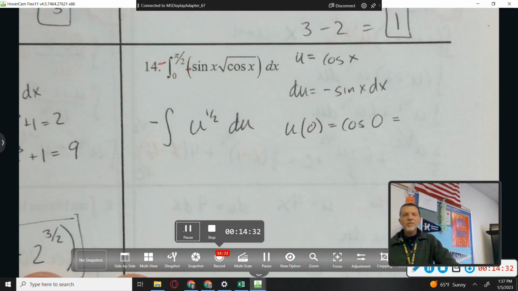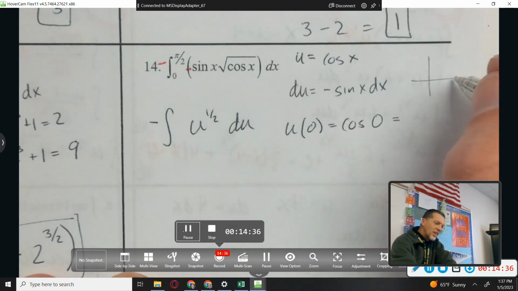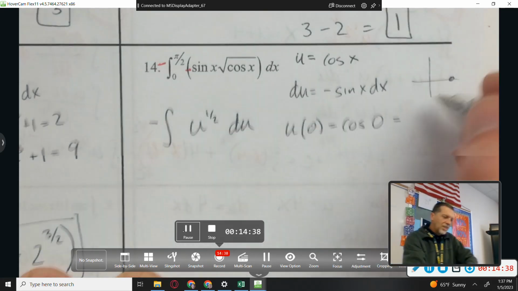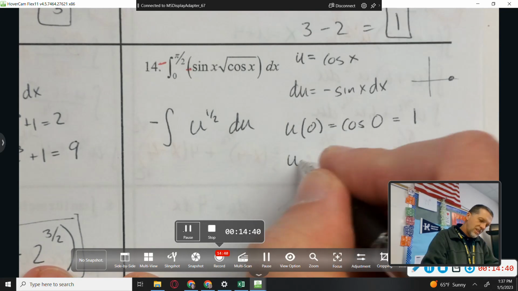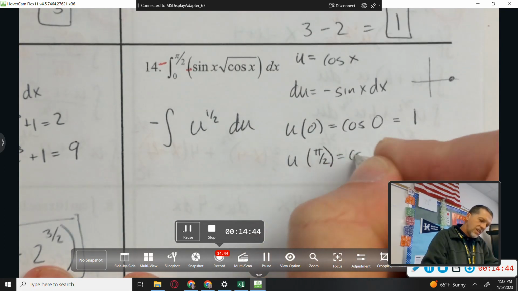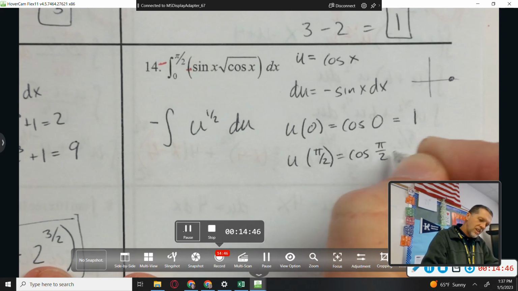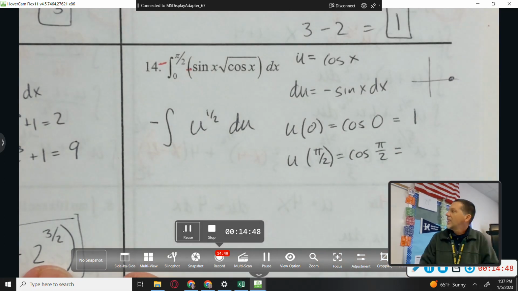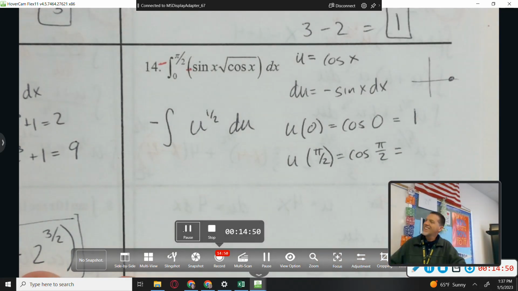Cosine of 0, unit circle experts. 1, good. Looks like it's on the board. It's on the dry erase board. Sure is, right there. And how about the cosine of pi over 2?